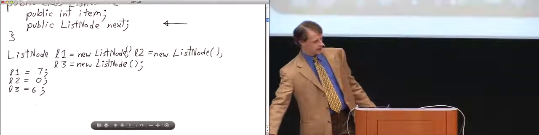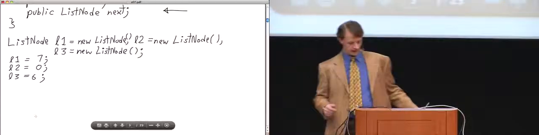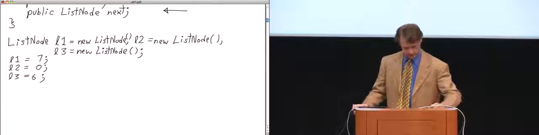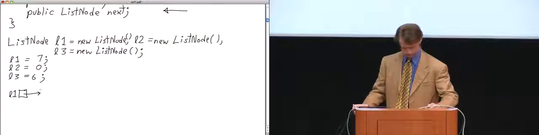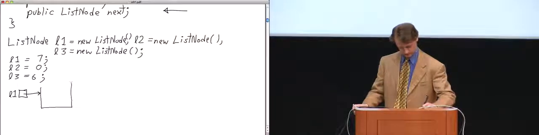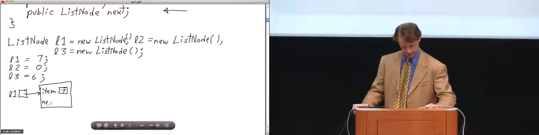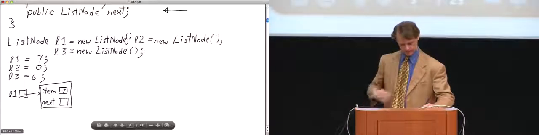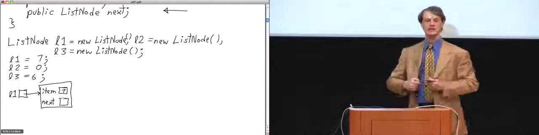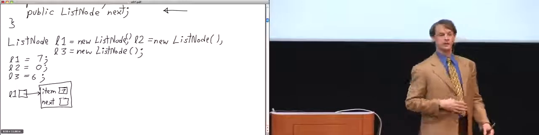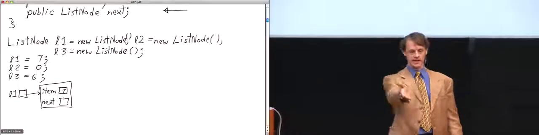All right, I'm going to draw what we've got so far here. We've got a list node object with an item of 7. And its next field at the moment has not been initialized yet, or at least not initialized by us. So that's going to be a null in that box, yes?